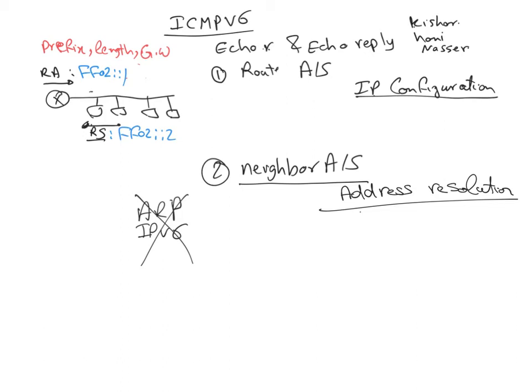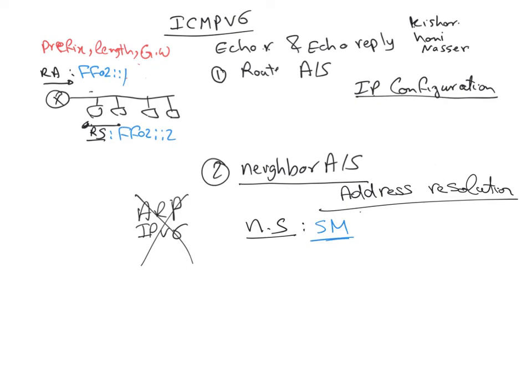So if a node wants to know the physical address of a specific IP version 6 node, then it sends what we call a neighbor solicitation. It solicits the physical address for a particular IPv6 address. Typically, this neighbor solicitation uses solicited multicast address.